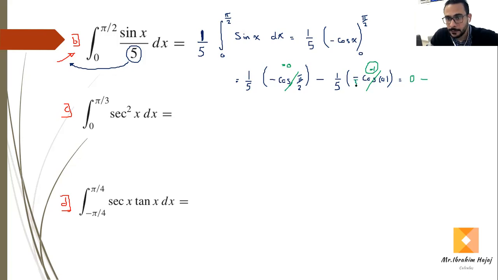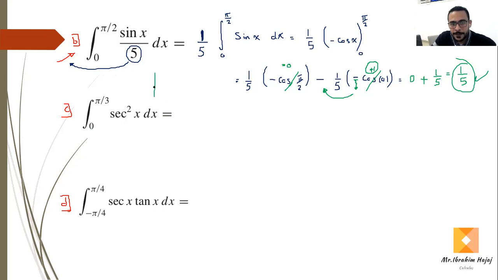Negative by negative is positive and positive by negative is negative. So cosine 0 is 1, and it's now positive 1 over 5. This part from 0 to pi over 2 of sin x is above the x-axis, right? So it should be positive.